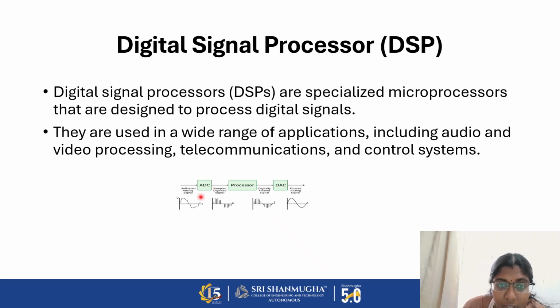Whatever the input signal may be, it may be in analog form, so that can be converted into digital form with the help of your analog to digital converter, ADC. And after processing those signals in your processor, the signals will be converted into analog signals with the help of the DAC.